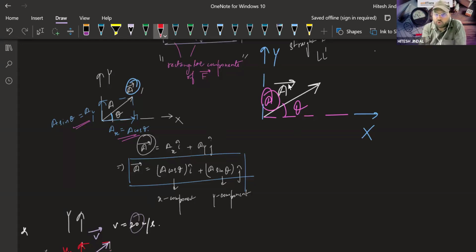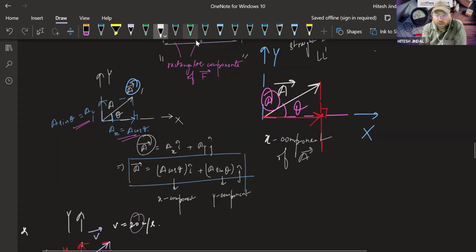That means it can have two parts. One part we'll have when I drop a perpendicular to the x-axis. So I'll just join these two points. This becomes the x component of vector A.